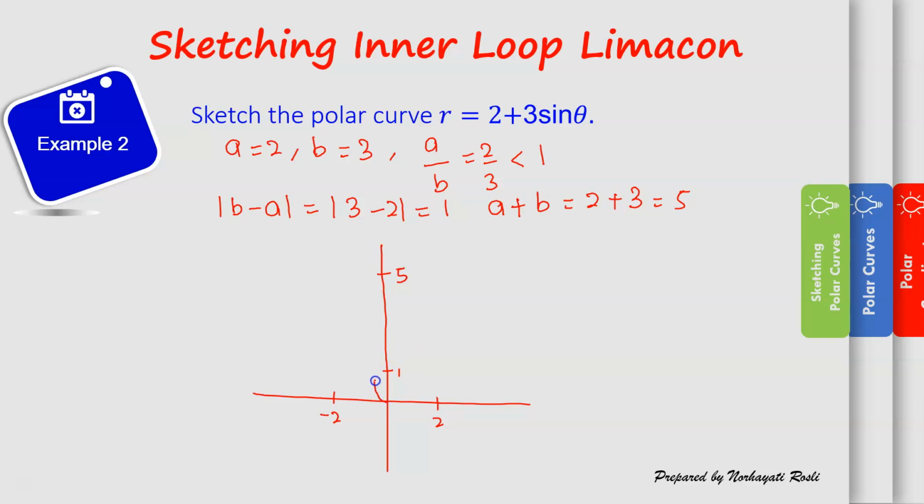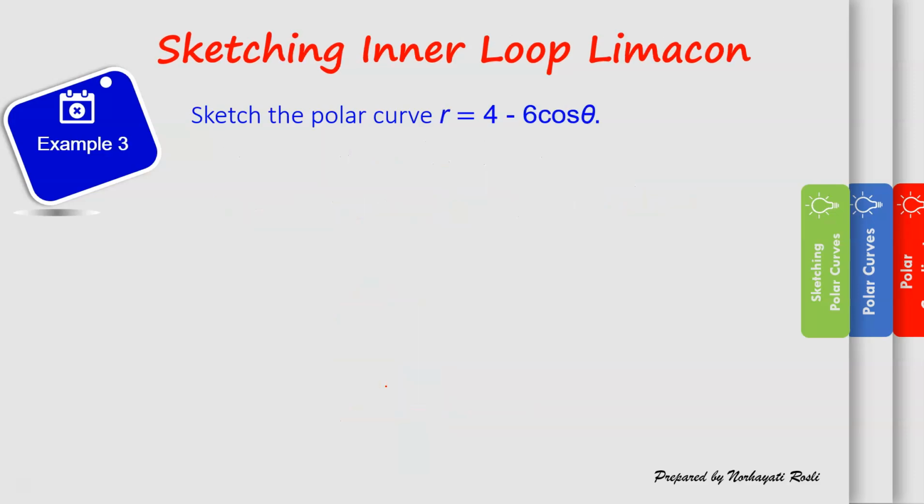This means that we will have an inner loop that touches this 1, and then your Limacon touches this negative 2, goes to this 5, touches the 2, and then goes back to the origin. So we will have this kind of inner loop Limacon.